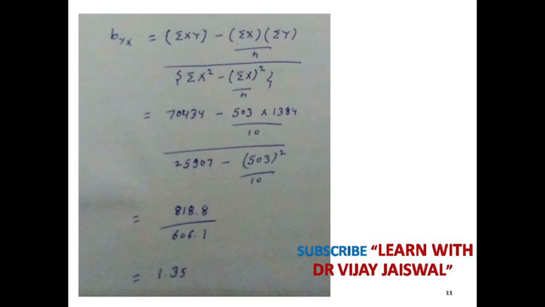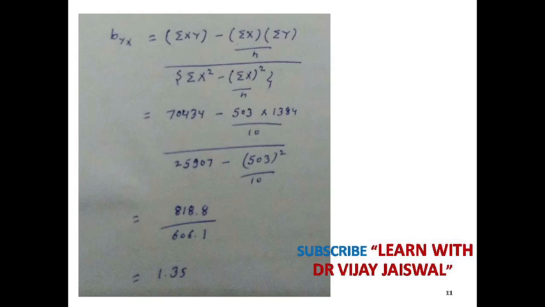The numerator calculation is 818.8 and the denominator calculation is 606.1, and the regression coefficient is 1.35. So in this way we can calculate the regression coefficient for the given information.